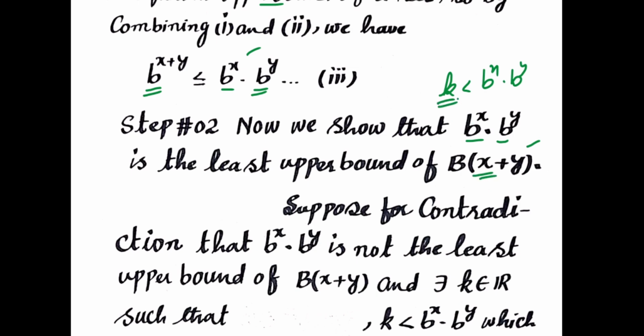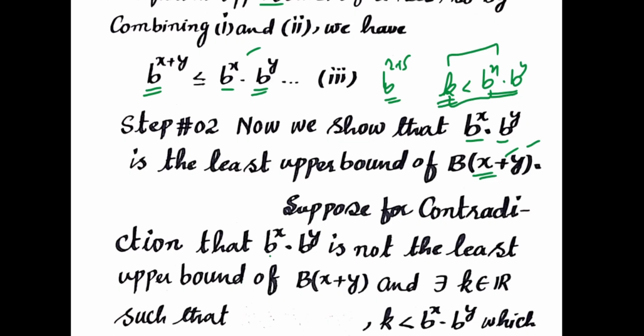Later I will show that there is another number, b raised to power r plus s, that lies between these two numbers, and this number is an element of this set. This will show that k is actually not the least upper bound. K cannot be claimed as a least upper bound of this set, and hence the actual least upper bound of this set is b raised to power x into b raised to power y.